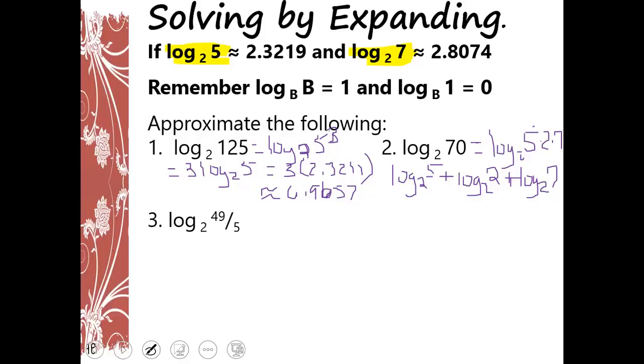Now we have a value for this. This is 2.3219, and this is 2.8074. But what is log base 2 of 2? Well, that comes out of our property that we really need to be able to recognize and utilize. That is 1. And when you add those all together, you get 6.1293.